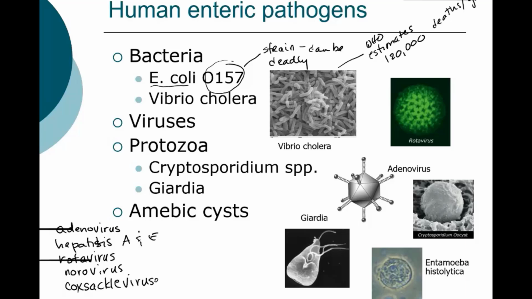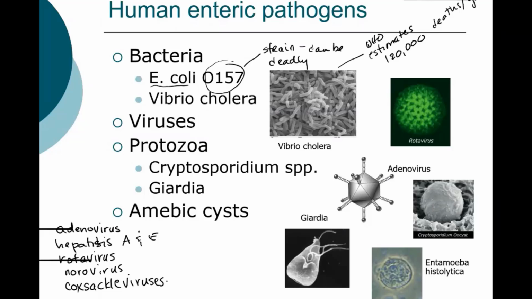We're not going to talk in any great detail about any of these, but as you can see, there are a number of these viruses that are waterborne. There are also protozoa.